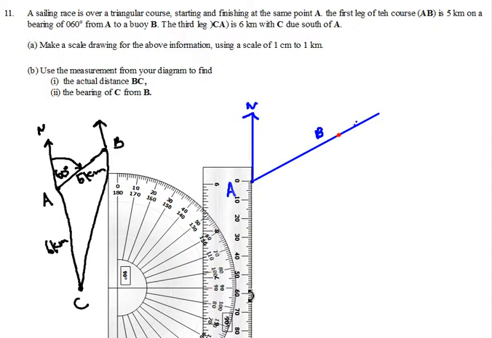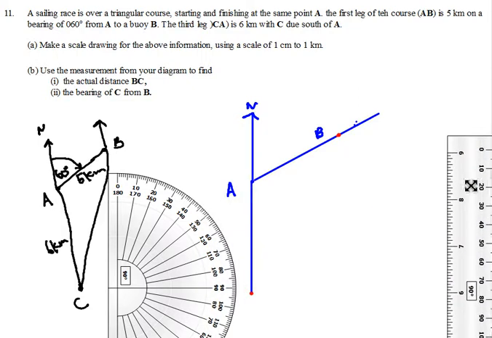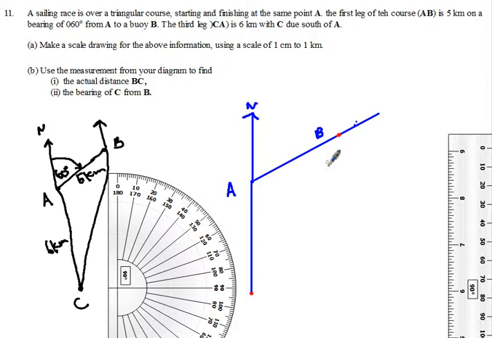So here's 6 centimeters right here. I'm going to put a dot where C should end. Let us draw the line from A to C to represent that leg of the journey, straight down 6 centimeters long.